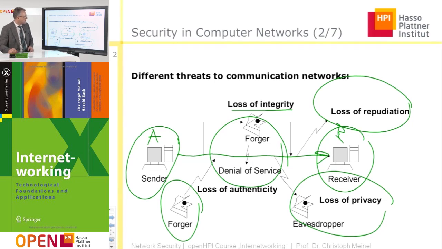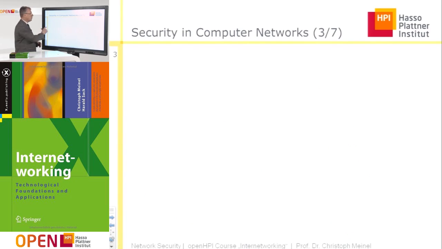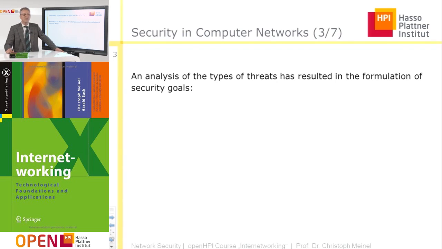This is the famous denial of service attacks. So this is only to give you a clue of what is happening in open networks and why we need security measures. To analyze the different threats, it is important to see that on very different levels attacks are possible.